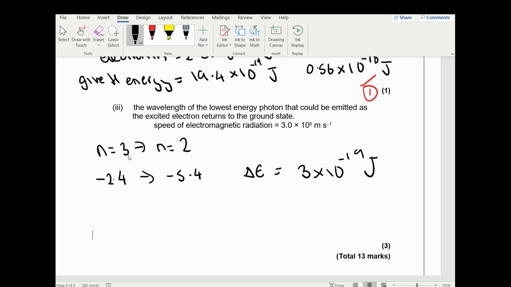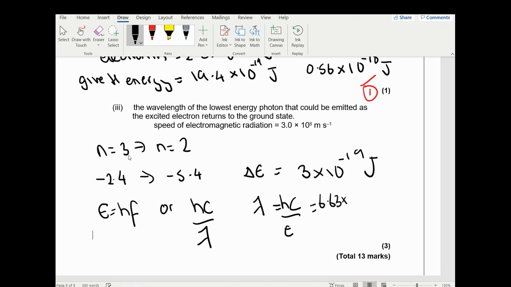So for the wavelength, I know that E equals hf, or of course you've got hc over lambda. So lambda is going to be hc over the energy. So you have 6.63 times 10 to the minus 34 times 3 times 10 to the 8, all over the actual energy it has, so 3 times 10 to the minus 19.